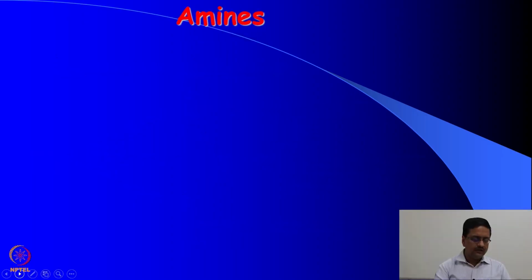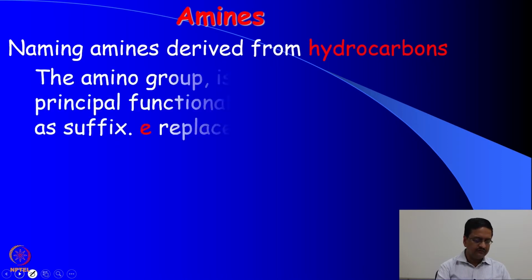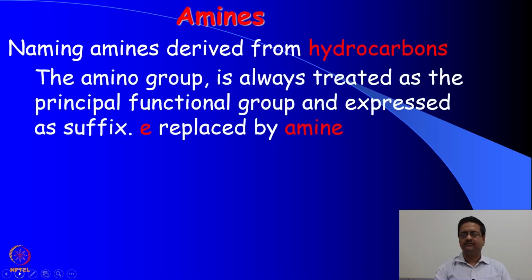So, when you talk about the amines, the naming comes from the corresponding hydrocarbon. We first need to identify the long chain hydrocarbon from which it comes, and the amino group is always treated as the principal functional group and expressed as a suffix.